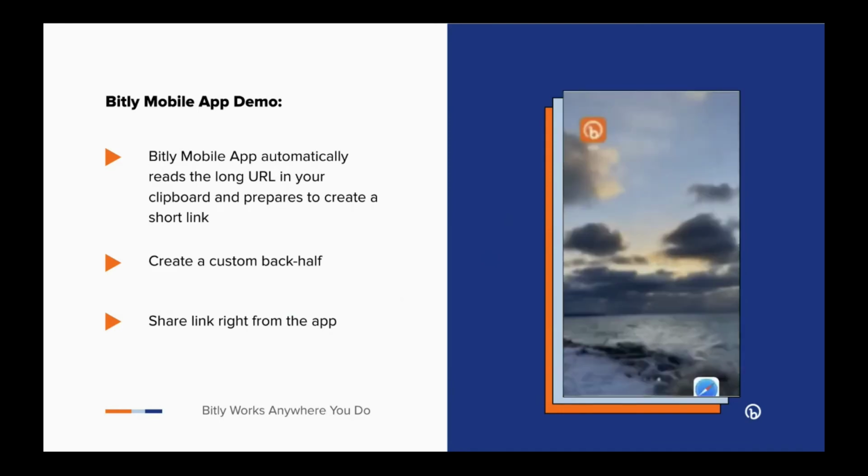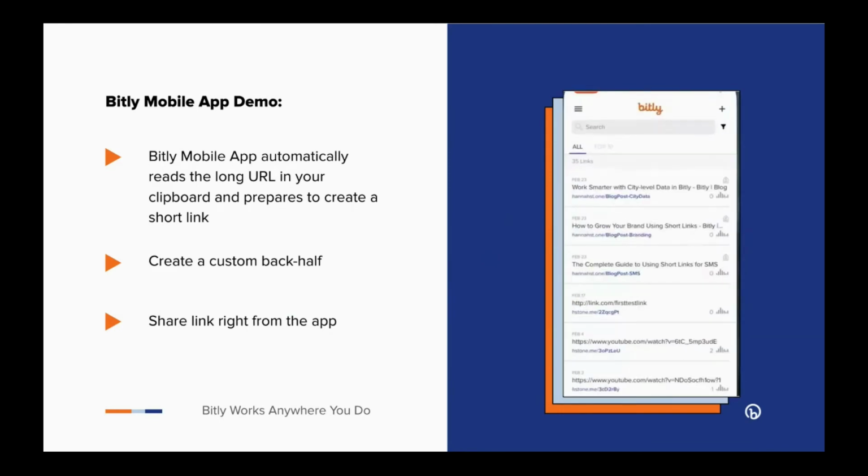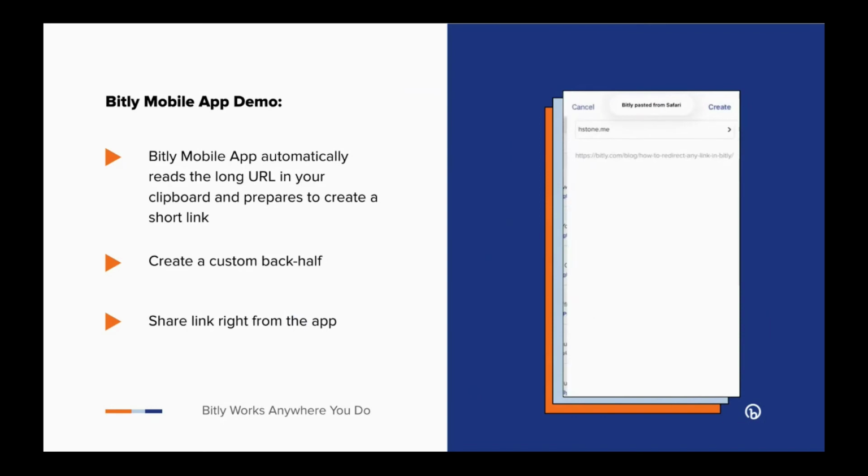When you're copying that content from your mobile browser and you drive down into the bit.ly mobile app and you're ready to create that link, it'll automatically read that long URL in your mobile clipboard and prepare to create that short link for you. And it, of course, will copy to your clipboard just like it does when you create it inside the mobile app.